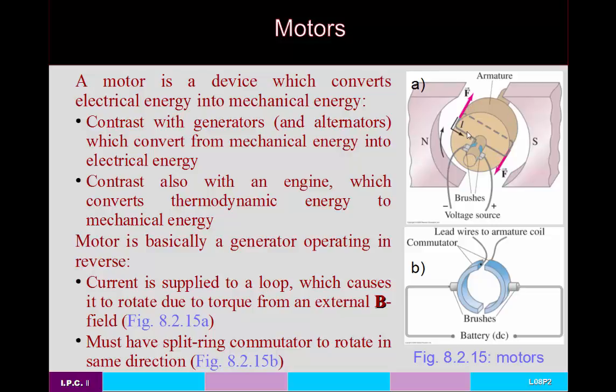Every half rotation it switches to the opposite part of the split ring commutator. Hence, the current reverses direction with respect to the loop, but because the loop has also reversed direction with respect to the magnetic field, the current is in the same direction with respect to the magnetic field. And hence, the torque is always causing this thing to spin in our clockwise direction.